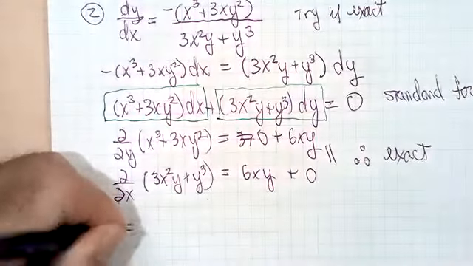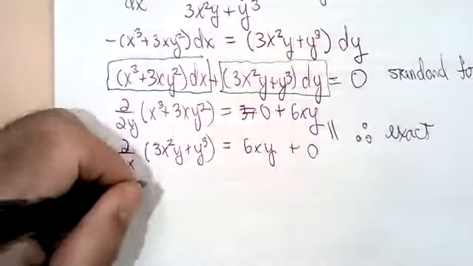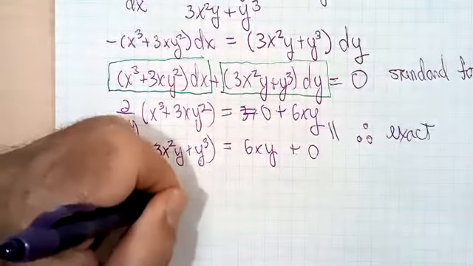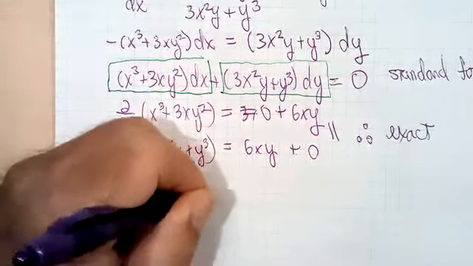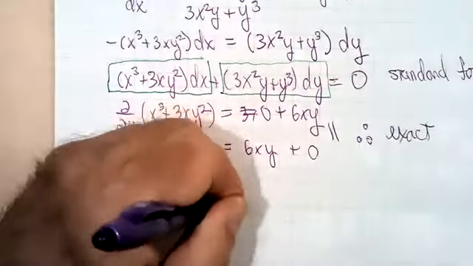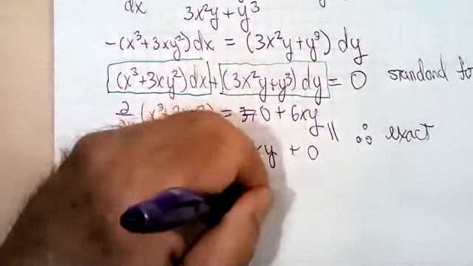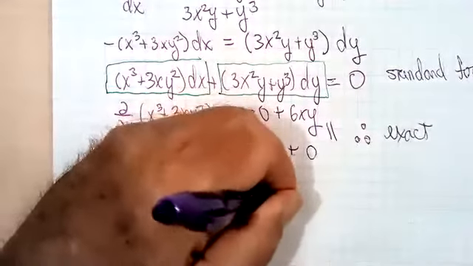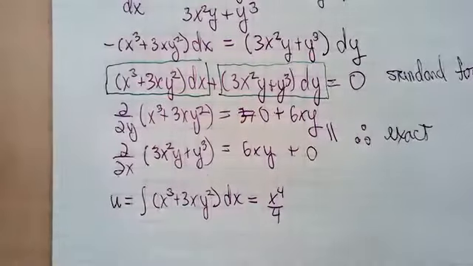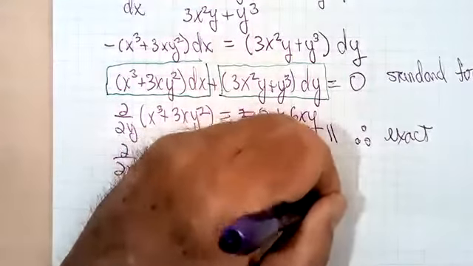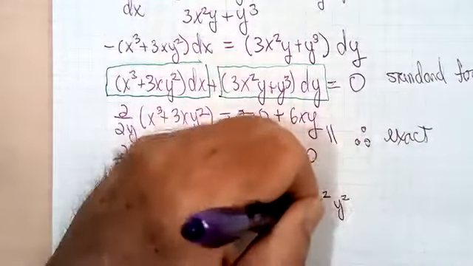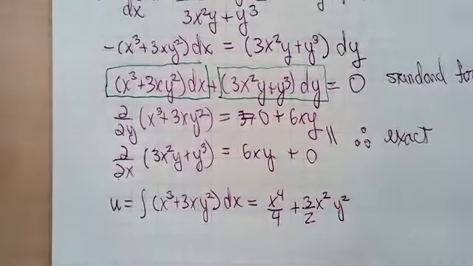So I'll take the left one, but there's no good reason for it. I have to choose. So I'm choosing the one on the left. All right, antiderivative with respect to x. I get x to the 4 over 4 for the first term, and 3x squared y squared over 2 for the second term.